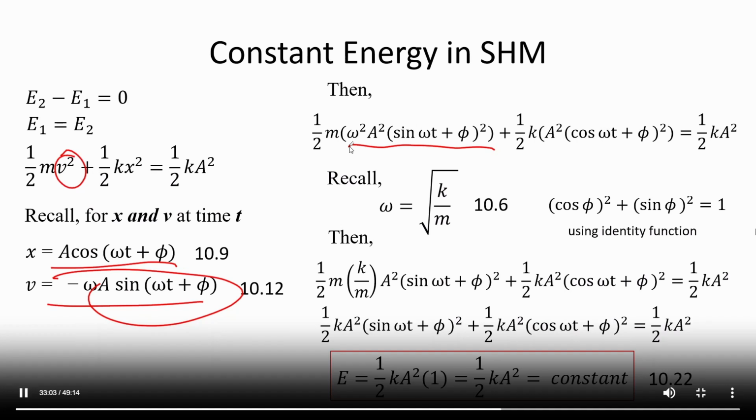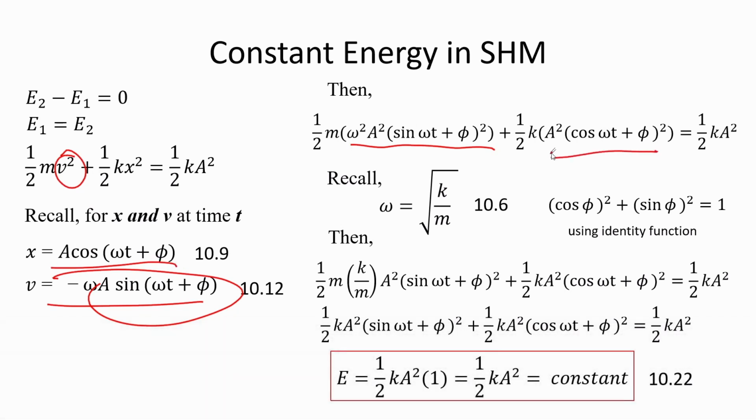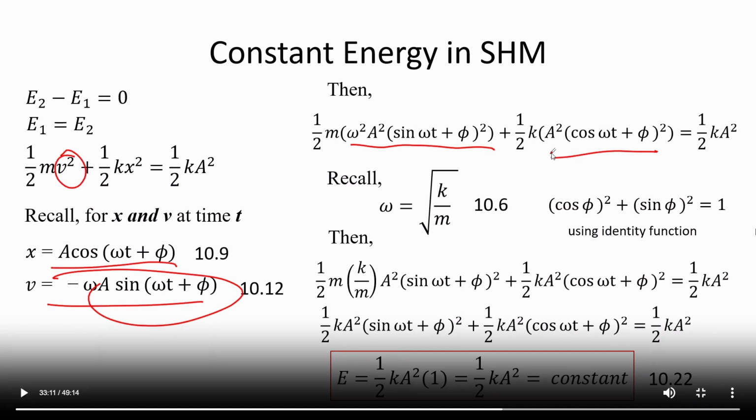Your x, which is a cosine omega t plus phi, gives you this a squared cosine squared of omega t plus phi. So we recall two equations here. One is omega equal to the square root of k over m. So omega squared gives you this function here, k over m, so the mass cancels out.